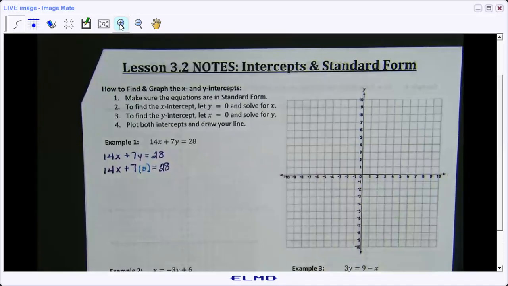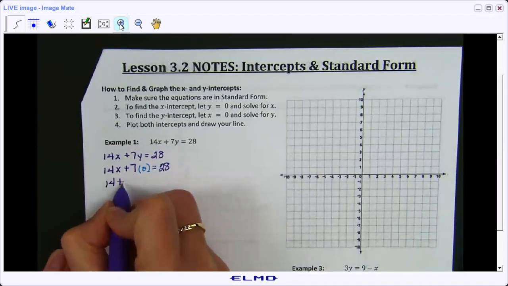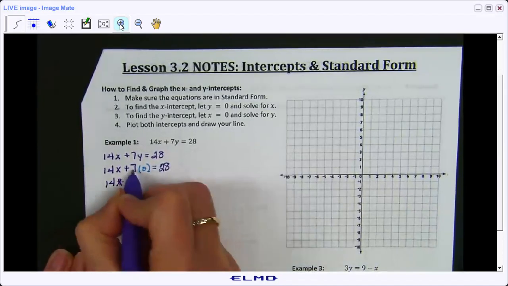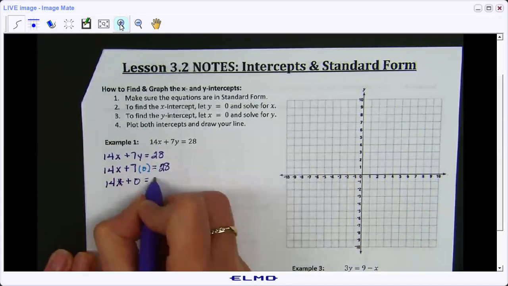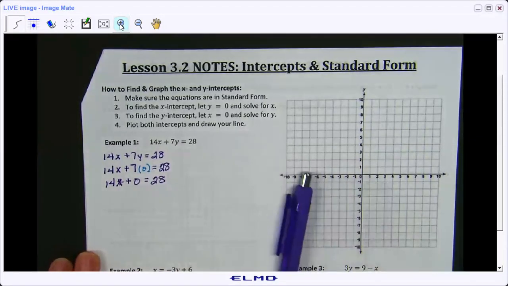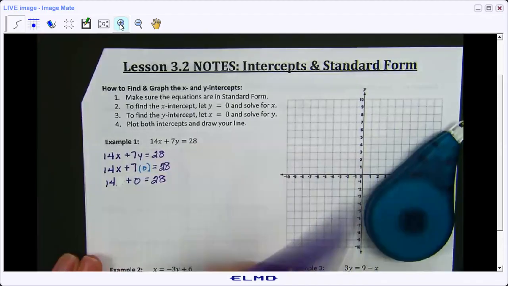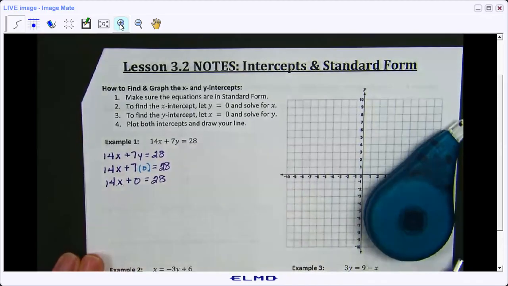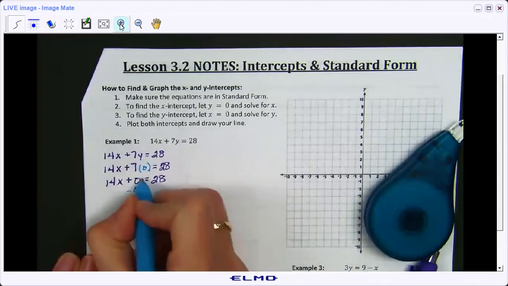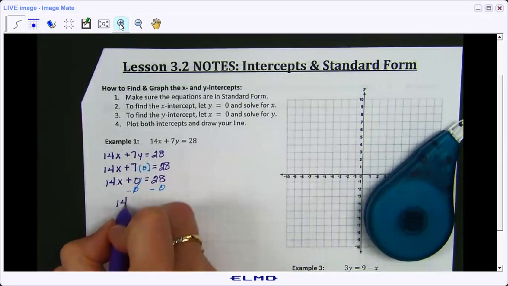And now I solve for x, and that will give me my x-intercept. So 14x plus 7 times 0 is 0 equals 28. And then we subtract 0 from both sides. And we get 14x equals 28.